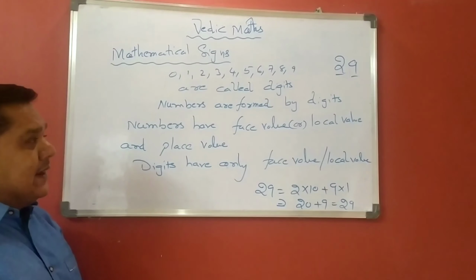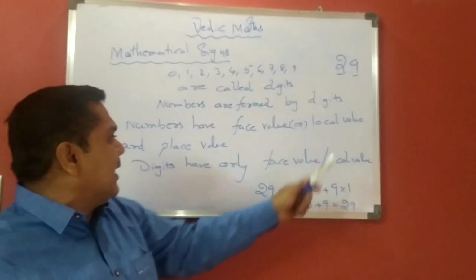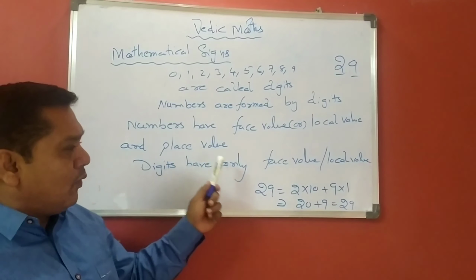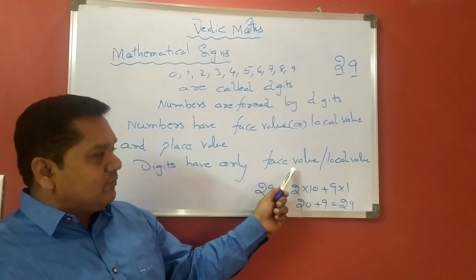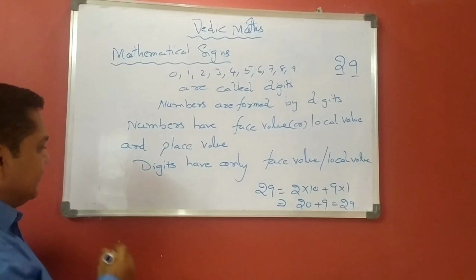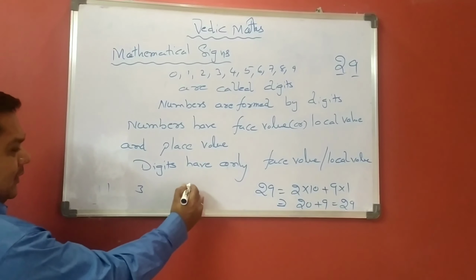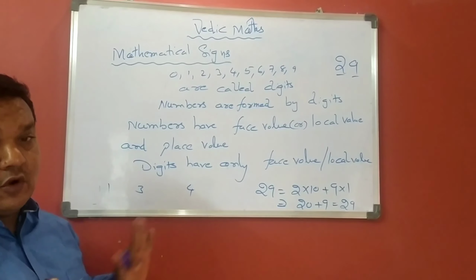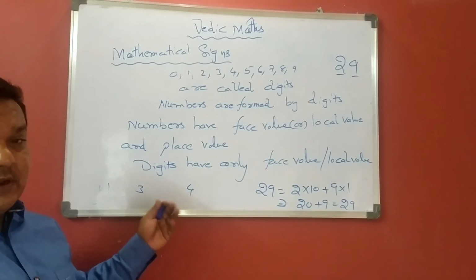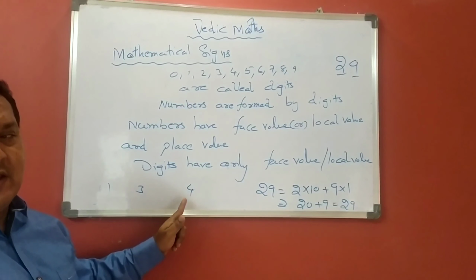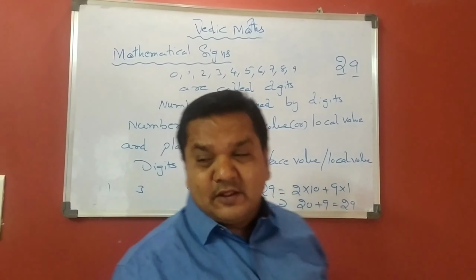Next, numbers have a face value and a local value, otherwise called place value. Digits have only face value. A digit, a digit, a digit: only face value is there, there is no place value. What is the face value? 4 is the value, 3 is the value.